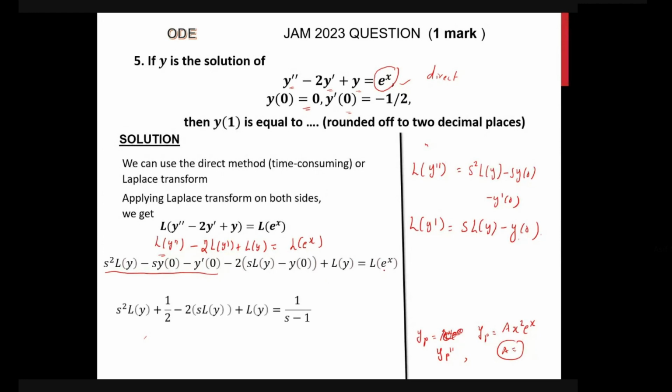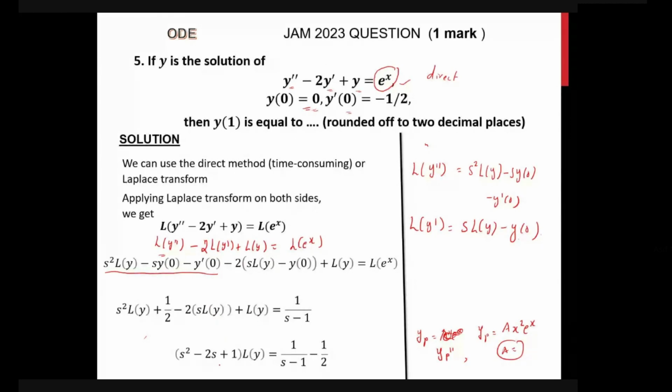Applying the limits, y of 0 is 0 and y dash of 0 is minus 1 by 2, so this becomes s square L of y plus 1 by 2 minus 2 s L of y plus L of y.